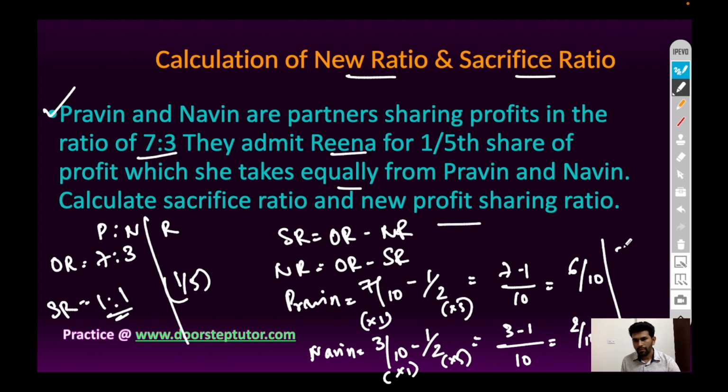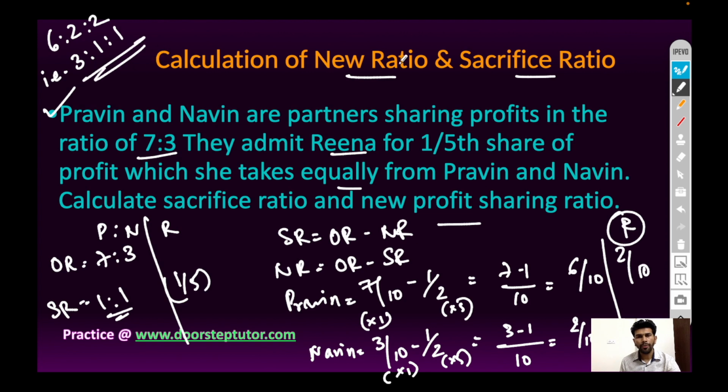So the balance will be 2 by 10. This is the share of Reena. So the new profit sharing ratio will be 6 is to 2 is to 2, that is 3 is to 1 is to 1. The new profit sharing ratio is 3 is to 1 is to 1 and the sacrifice ratio is 1 is to 1.